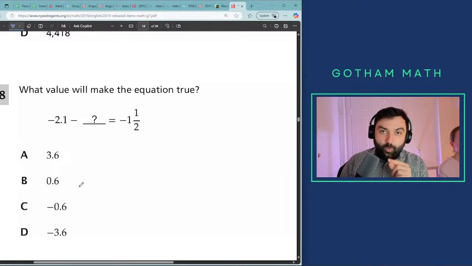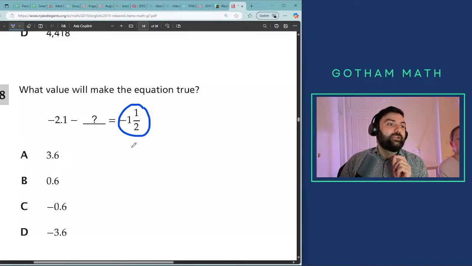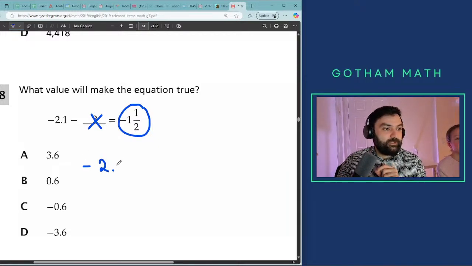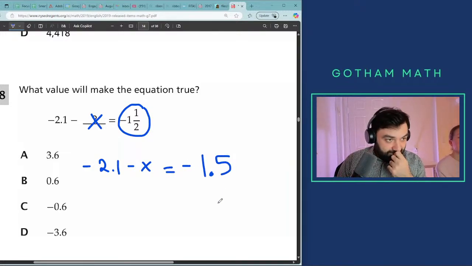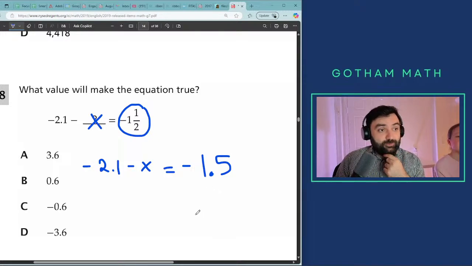We have only decimal answers. That means that we have to transform into a decimal. So let's rewrite everything. And by the way, question mark, really? How about putting just x there? So negative 2.1 minus x equals negative 1.5. All right? So now we just have to solve.